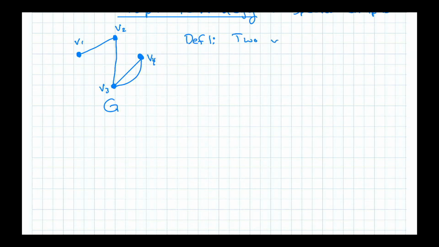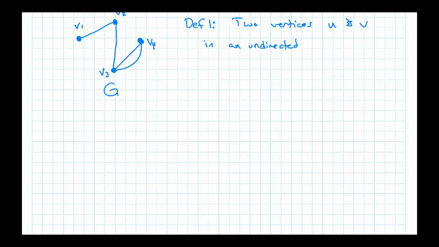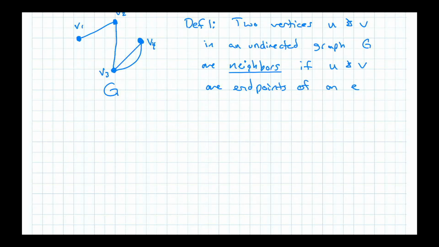So, two vertices, U and V, that's how they're often referred to in definitions, in an undirected graph, G, are neighbors if U and V are endpoints of an edge E of G, actually, is what I wanted to say there.